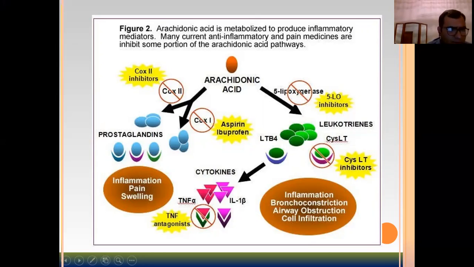Through the cyclooxygenase pathway, arachidonic acid is converted to prostaglandin, maybe prostaglandin G2. And who will inhibit this process?